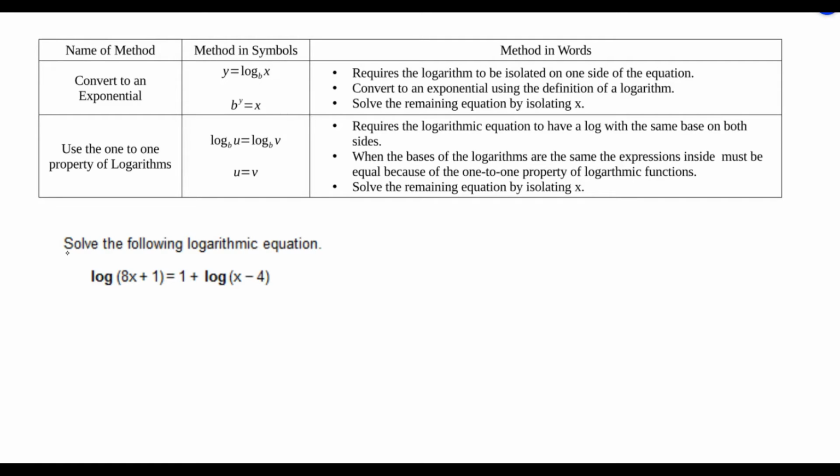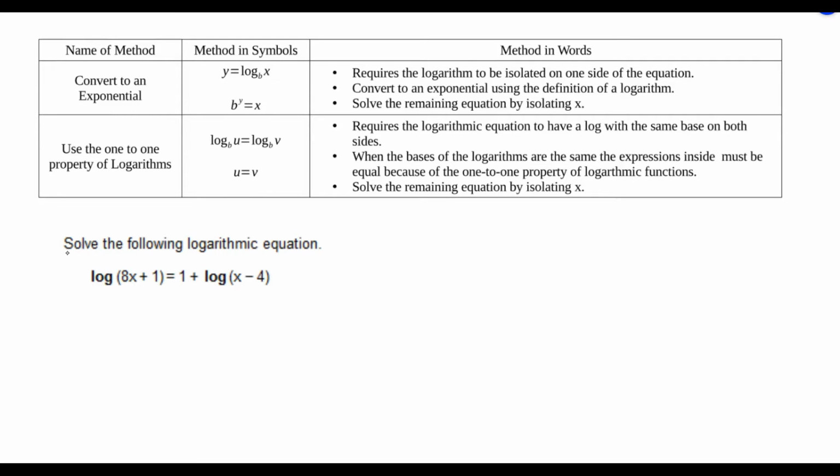And because logarithms are one-to-one functions, what's inside those logarithms have to equal each other. So you have the expression inside the log on the left being u, the expression inside the log on the right being v, and those have to equal each other. It allows you to get rid of the logs in the equation.